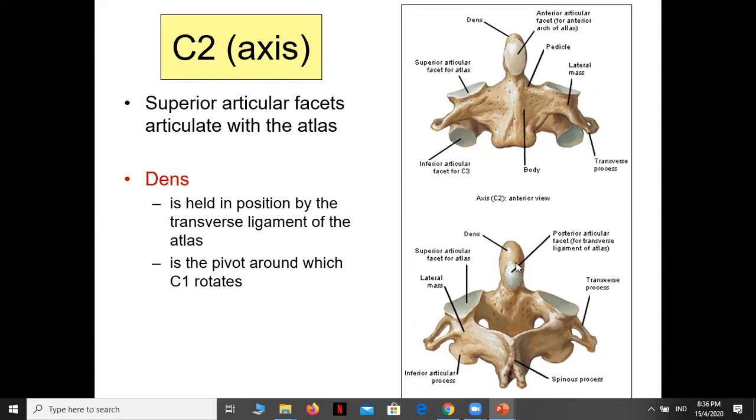If you see here, there is a projected part, and this part is known as the dens. This dens is held in position by the transverse ligament of the atlas. The dens is the pivot around which the C1 is rotated.